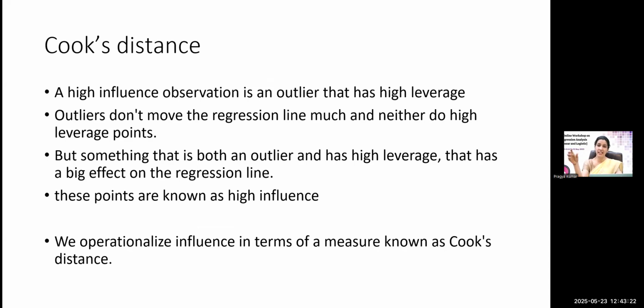But any data point which is both a high leverage and an outlier, that together is known as the high influence. And high influence is measured in the form of a Cook's distance. If the distance is more than 1, your data is unfit for regression.